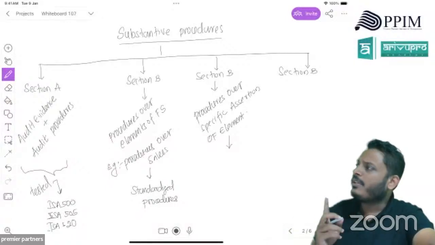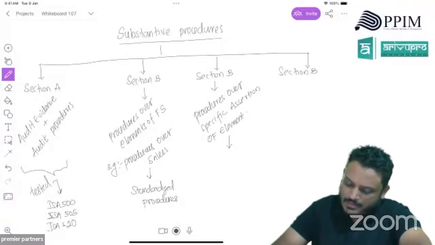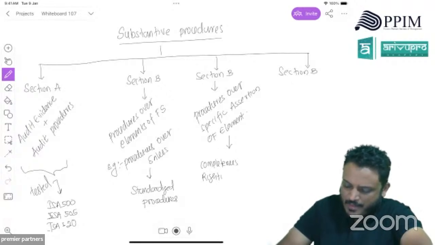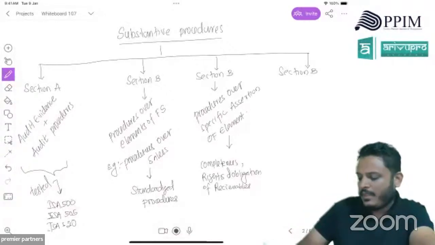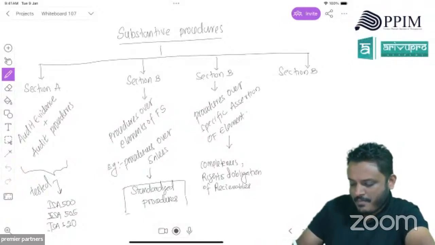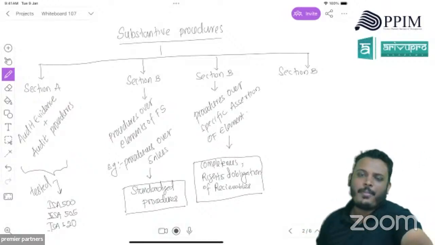For example, there was a question that we discussed in the class: completeness, rights and obligation of receivables.